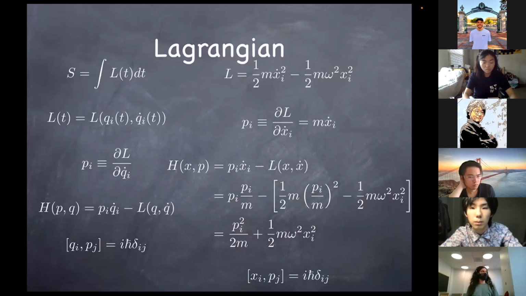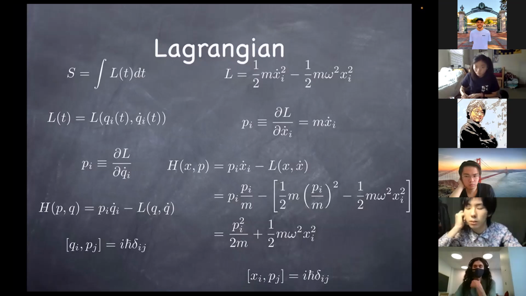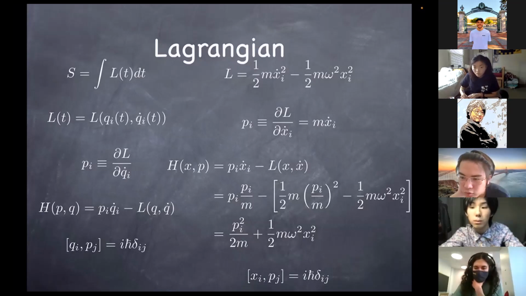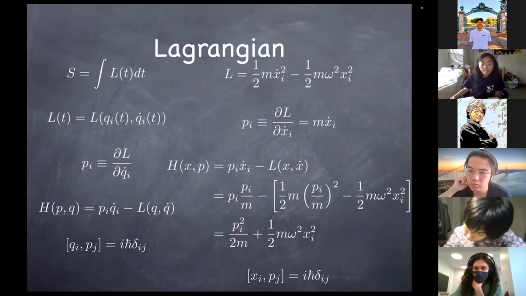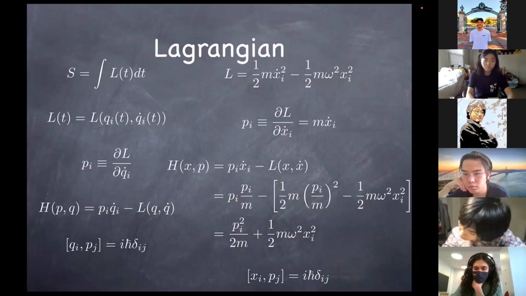The xp commutator, namely xp minus px, is i h bar if i and j refer to the same degree of freedom. This is maybe a little generalization of the harmonic oscillator you have seen in quantum mechanics class, because I have subscript i on x. So in principle, I will be talking about many x's, which correspond to many particles. Each particle is described by x_i and its time derivative x_i dot.